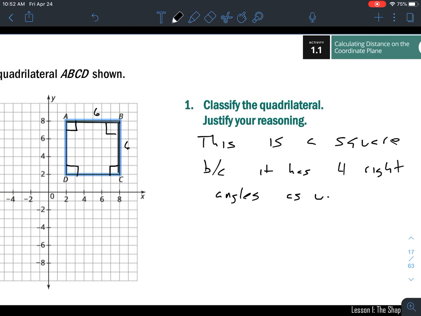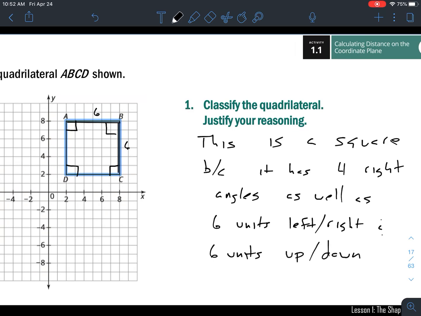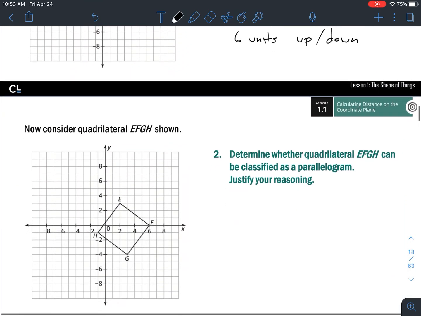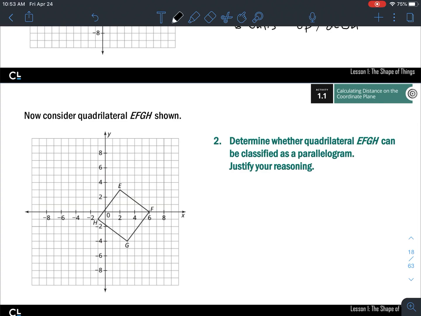As well as 6 units left/right, meaning going left and right, and 6 units up/down. So that's what we counted out there before. So they're congruent sides, okay? Now, determine whether quadrilateral EFGH can be classified as a parallelogram. Justify your reasonings, okay? So number 2 is going to be a little different, okay?